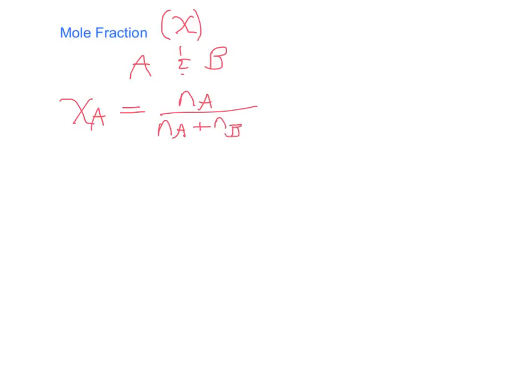So it looks like a fraction, right? Part over whole. And then if you wanted to, you could also say the mole fraction of B is moles of B over moles of A plus B. So what you're going to do next is practice a few problems where you just calculate some of these concentration units, and then we'll see what we can do with them.